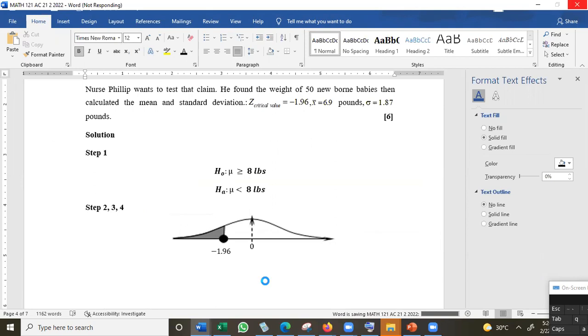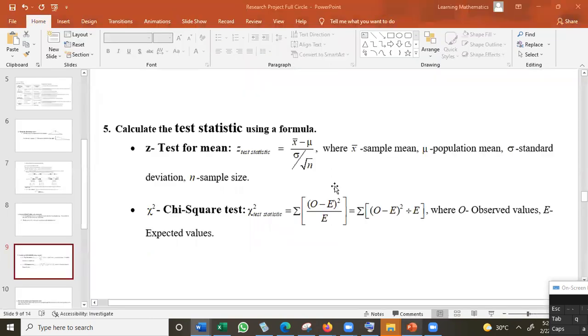That's step number 5. The other number is the test statistic, which is step number 5. So here's the formula for the test statistic. You need the sample mean, you need the population mean, you need the standard deviation, and you need the sample size. 4 numbers.